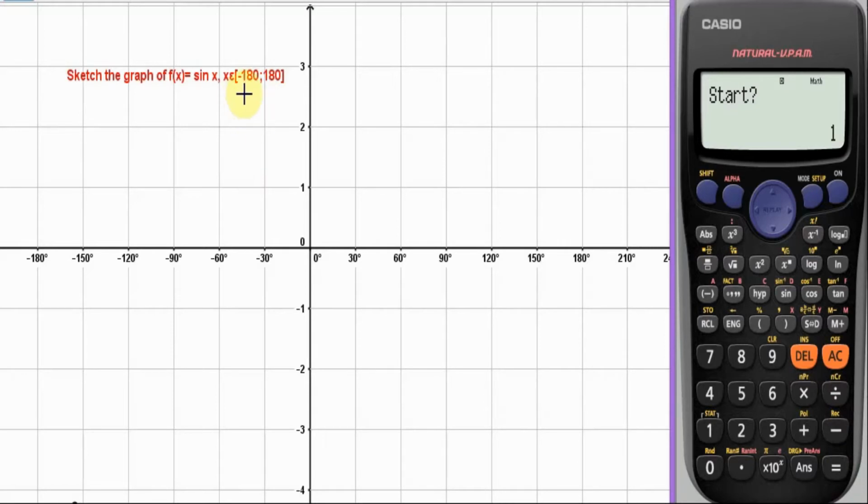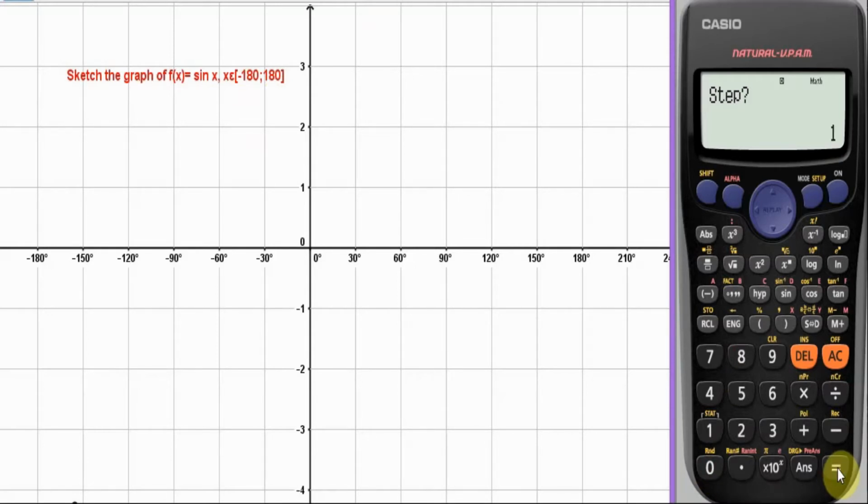If the question says minus 360, the start is minus 360. So we press minus 180. Press equal to, end. End is the upper limit of the interval, that is 180. So we take end as 180, equal to. Hope you understand.